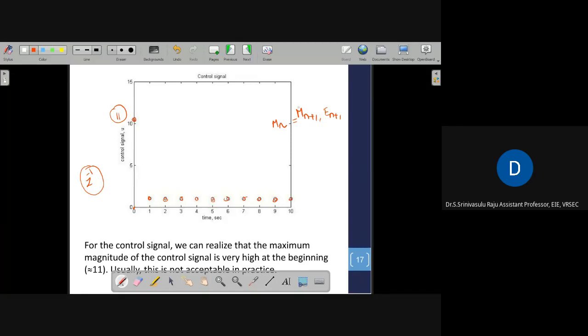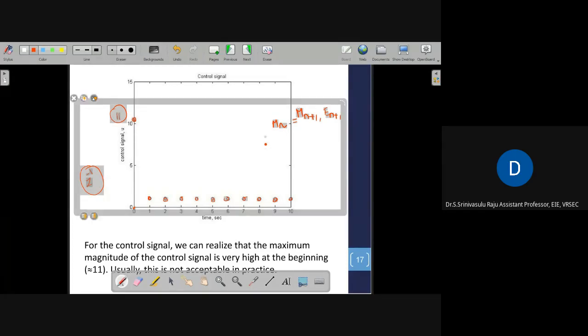Here we don't have terms like m of n plus 1 or m of n minus 1; we have only the current signal. But the drawback is that it accepts a higher magnitude, which is not possible in real time.